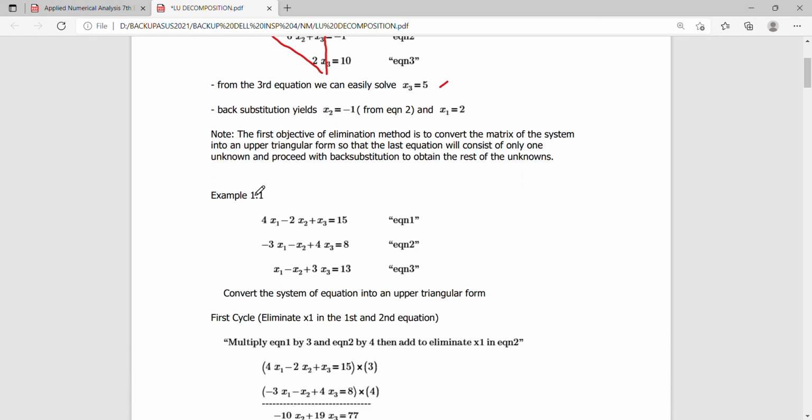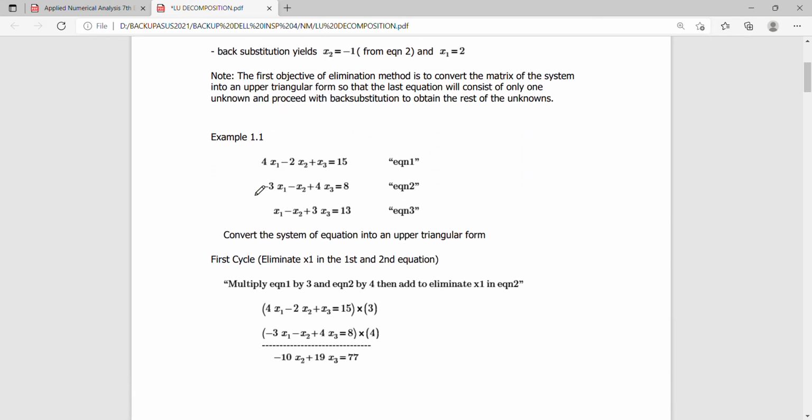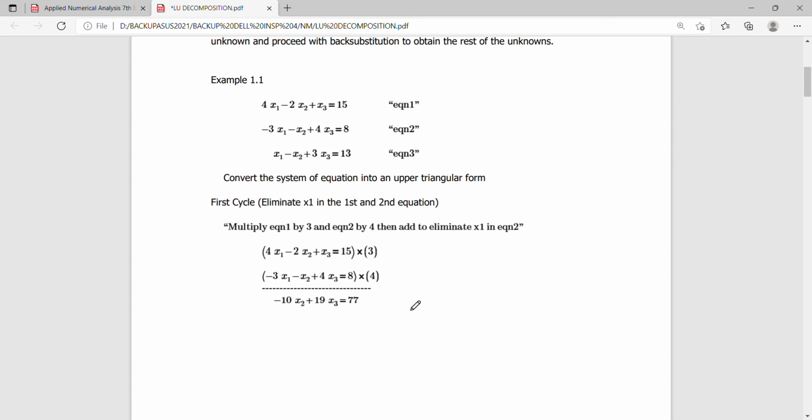So the first cycle will involve the elimination of the variable x1 first, by simply taking note of the first and second equation. So what we do here is we simply multiply the first equation by 3 and the second equation by 4, and add them to eliminate x1.